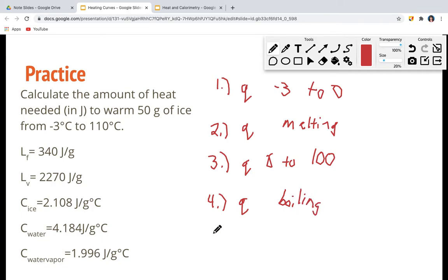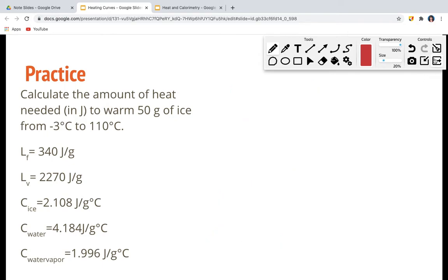And then finally, we have the gas going from 100 degrees Celsius to 110. So there are 5 steps here that we're going to go through, and I will outline each one of those for you.